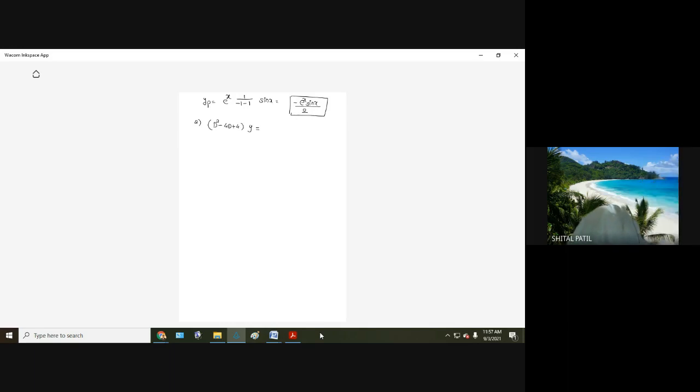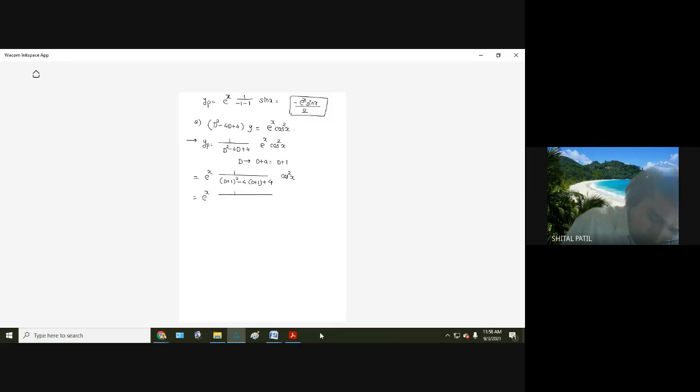d square minus 4d plus 4. Okay, so write down d plus 1. Simplify.